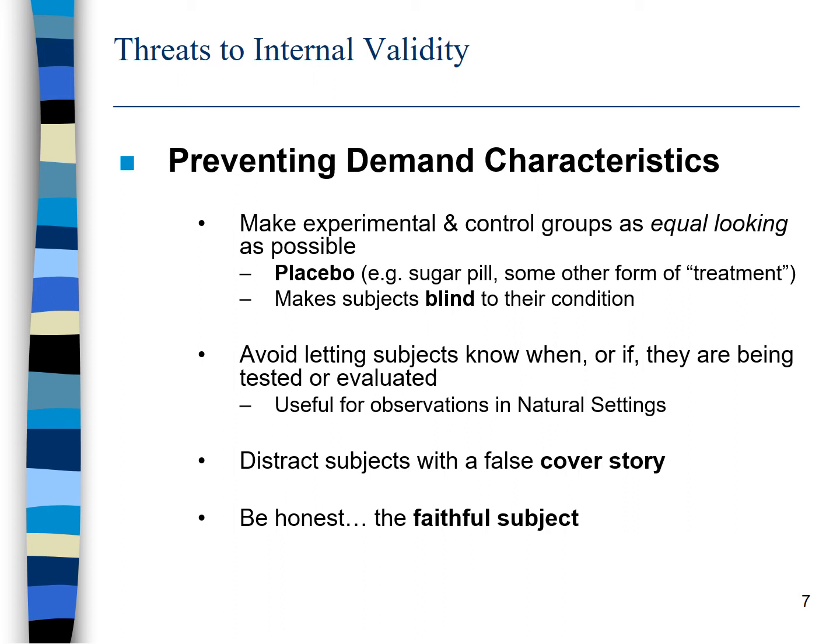Another thing is, sometimes when you're doing more natural experiments in natural settings that are observation based as far as measuring your dependent variable, to the extent that ethics allow, you avoid letting the subjects know when they are actually being tested or evaluated, right? Think about driving your car.